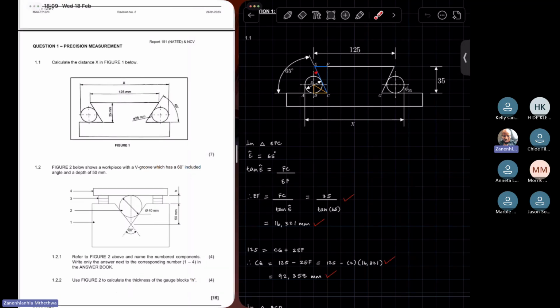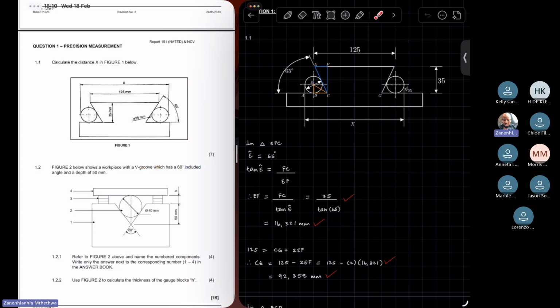So this angle here on the diagram is drawn on this side, but like I said, remember the left-hand side is equal to the right-hand side unless stipulated otherwise. So if this is 65 degrees, it means that is 65 degrees. So we have this whole angle, and if drawing a line from where the two tangents meet to the center of the roller equally splits this angle, it means that this angle is going to be 65 divided by 2.